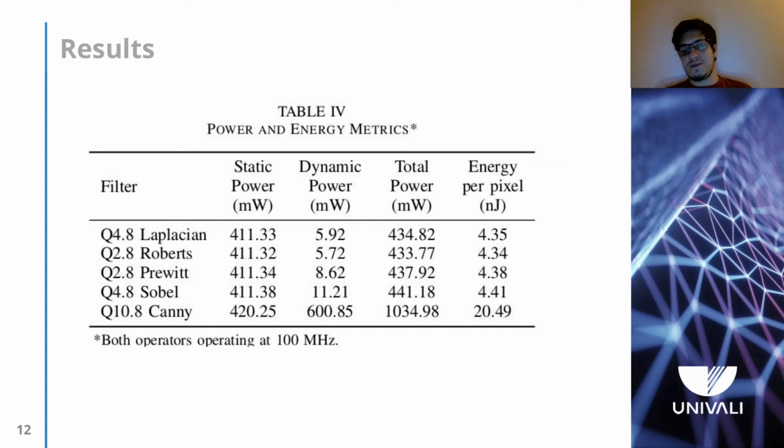The total power of Canny is much bigger than the other ones because of that. As for energy per pixel, Canny has 5 times more energy consumption per pixel than the other ones. This is due to the greater complexity of the Canny edge detection algorithm.